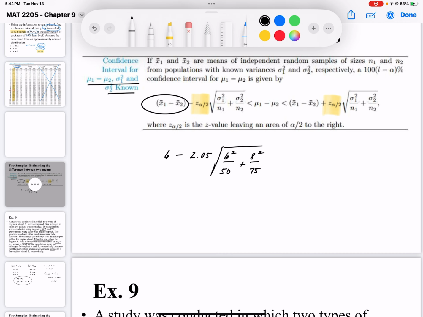All right, let's plug this in. 6 plus and minus. I mean, I'll do it together. I've been doing it together all this time.